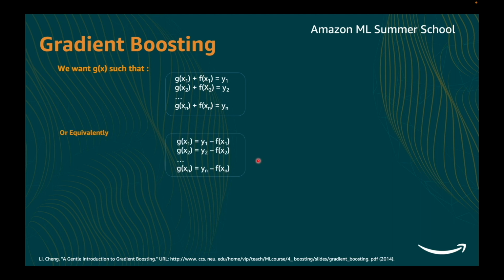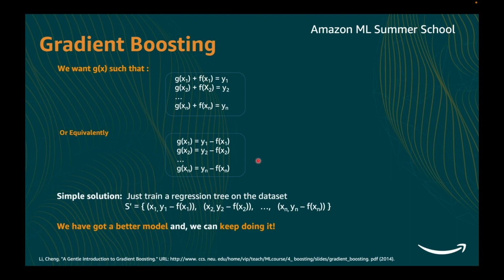If you look at the example over here, this is what we want. In the ideal case, we want g of x1 to be exactly y1 minus f of x1. You want exactly the error in your friend's model to be predicted correctly by g, and then g of x plus f of x will give you the correct answer. So that's exactly what you have to do.